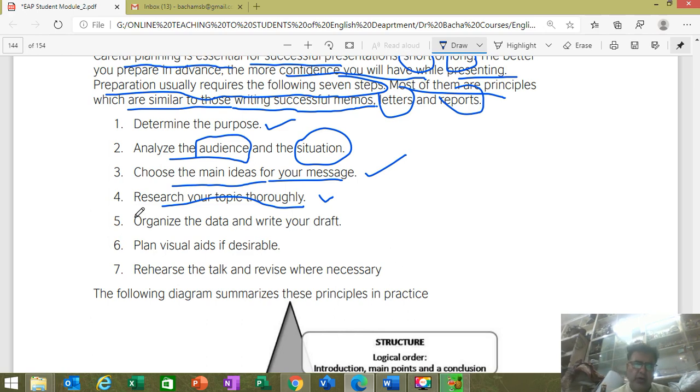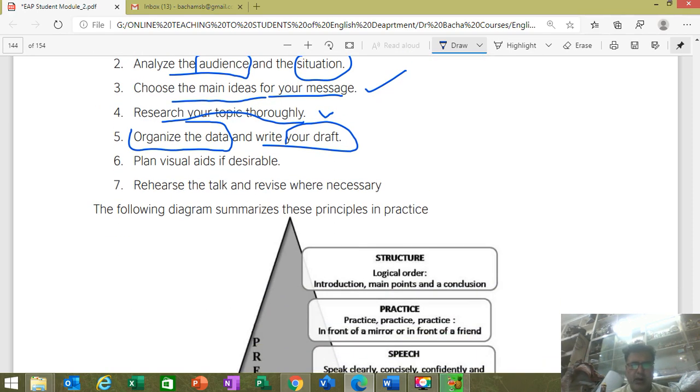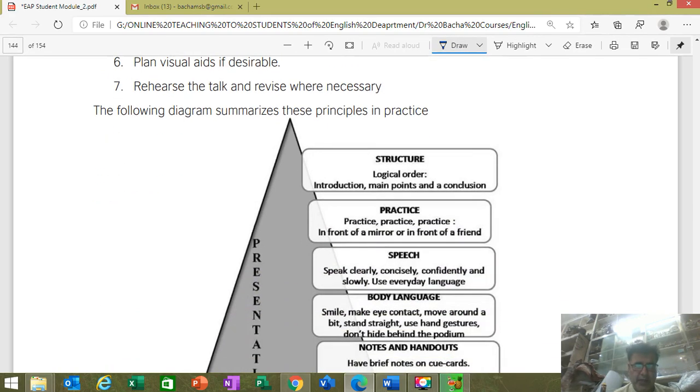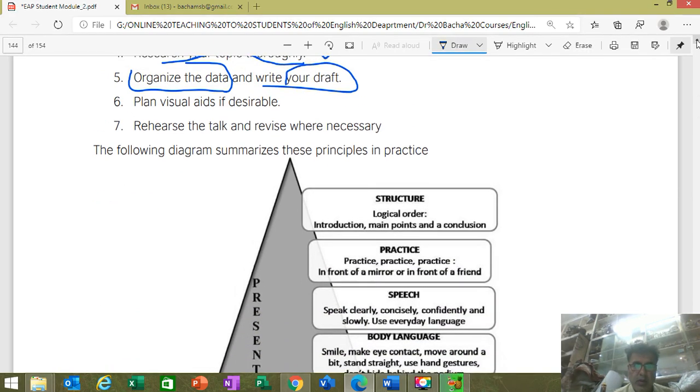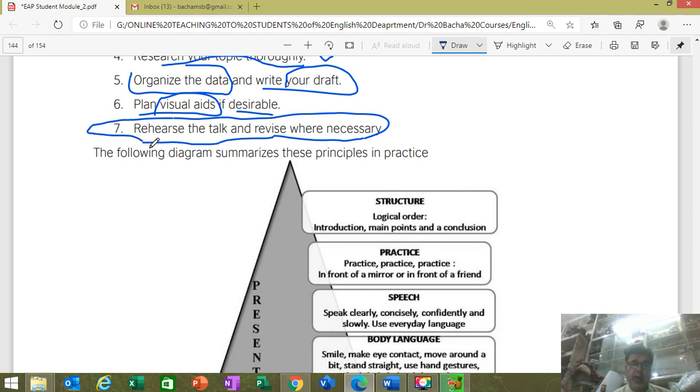And then you should organize the data and write your draft. You must organize them properly and draft your essay or presentation like this. Plan visual aids; you must try to prepare some visual aids if desirable, and rehearse the talk and revise where necessary.